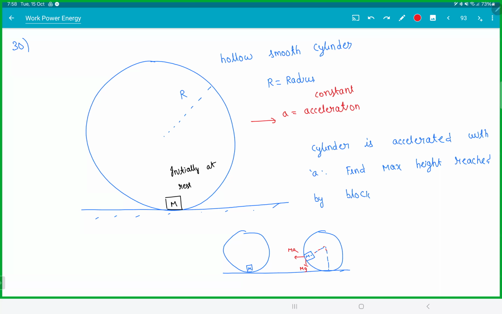Show you the diagram. Try one more minute. Let's see.